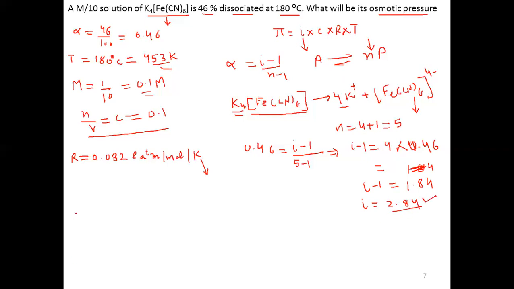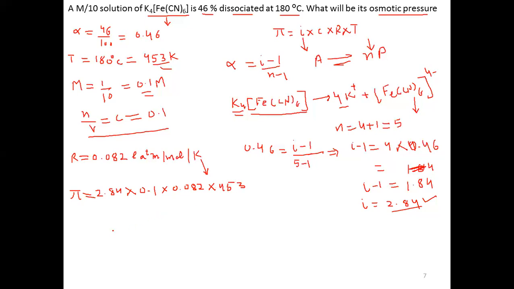We will put here pi is equal to, we have to calculate osmotic pressure, 2.84 into concentration 0.1 moles per liter into R. We always use for osmotic pressure experiments 0.082, and temperature is 453.